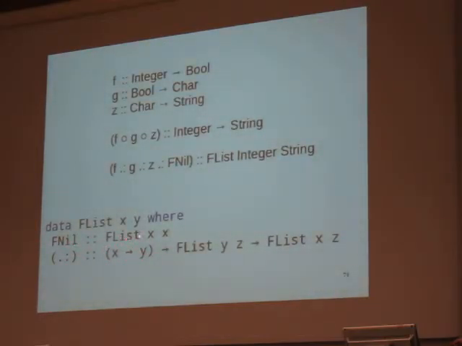So it's a function list and the input type is x and the output type is the same. And if we have a head and a tail, we have a function that goes from x to y, we have some other function list, the tail, which goes from y to z, and then we now have a function list from x to z. And you see that here, the y is existential, right? It's erased in the final type.